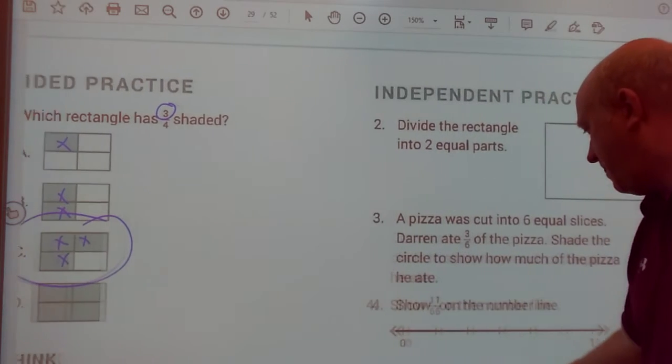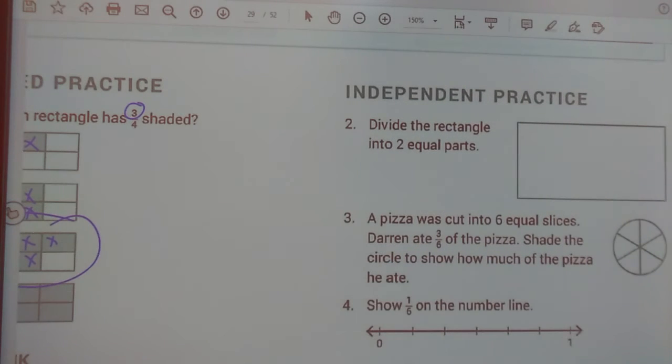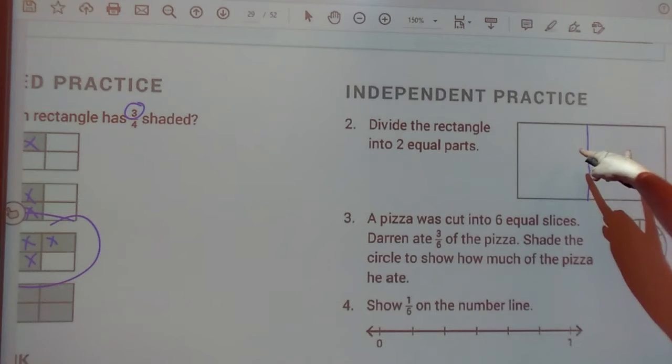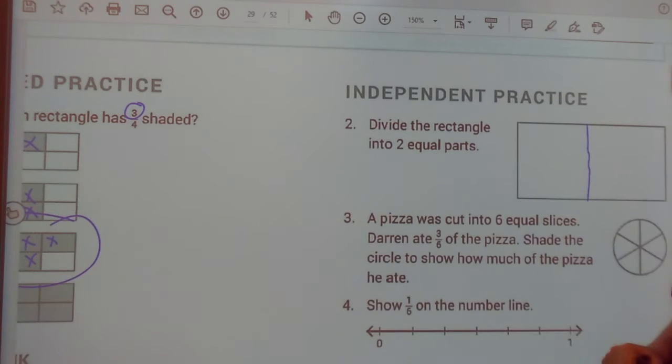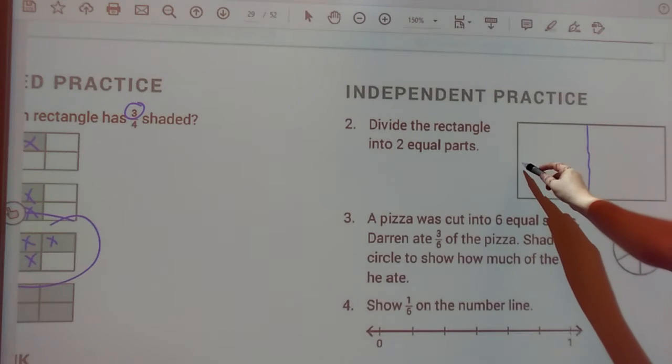Now, divide the rectangle into 2 equal parts. Very simple. Draw the line down the middle. And you have to make sure that the parts are equal. Okay? Or we can do it this way.